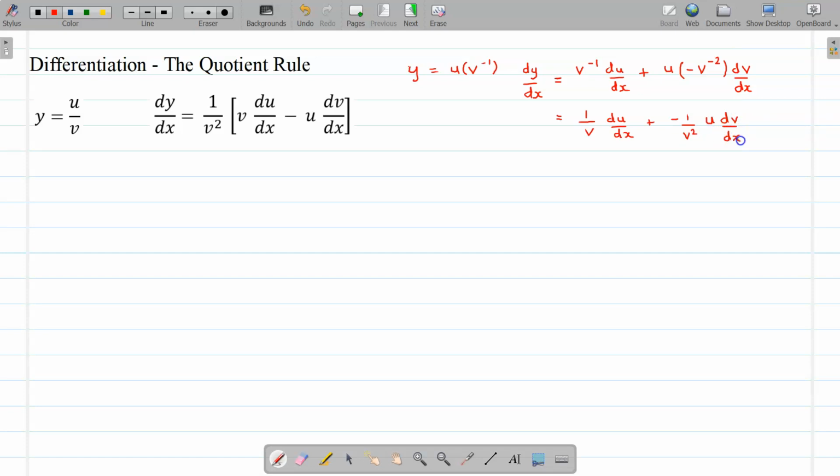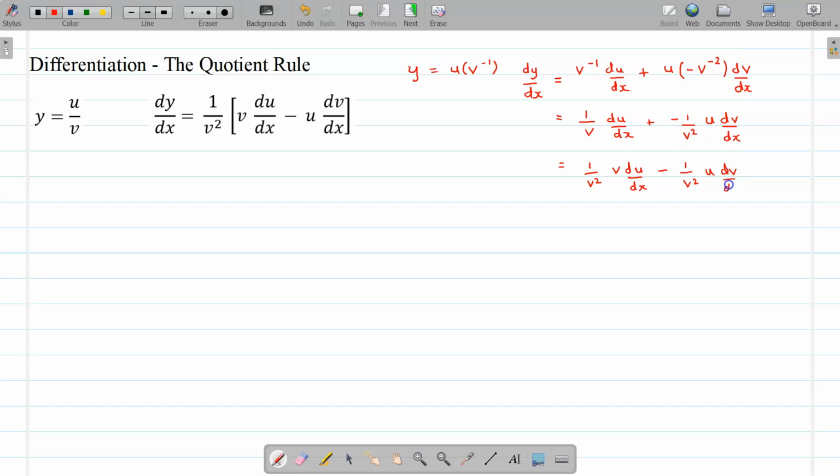We just need to take this left-hand term and multiply the numerator and denominator by v, and that will give us 1 over v squared times v du by dx, and we've got a plus minus here, so we can just put minus, and then we've got 1 over v squared u dv by dx.